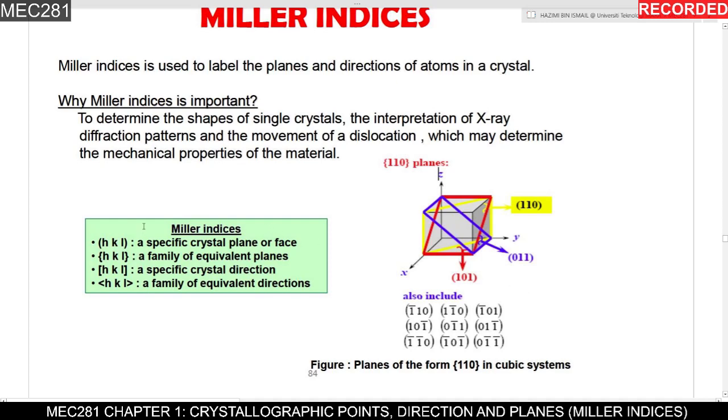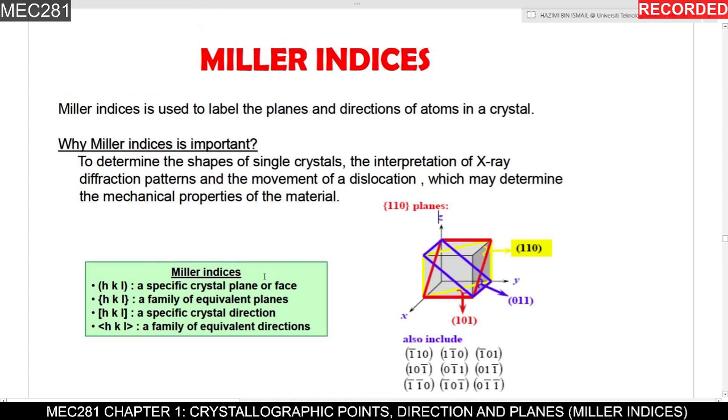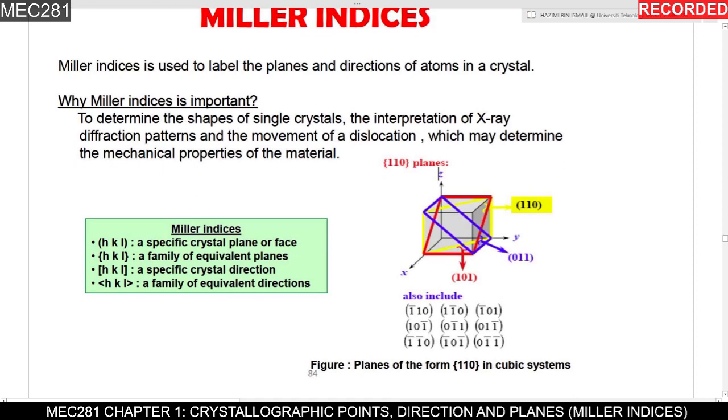It looks complicated at first, but don't worry. When we get along, this is quite simple and easy. So the focus of our topic is this one, the crystal plane of phase, by putting the parentheses in front of the x, y, and z axis.